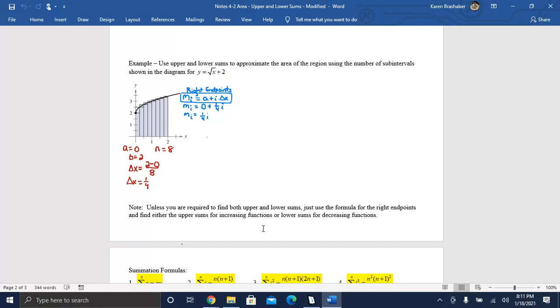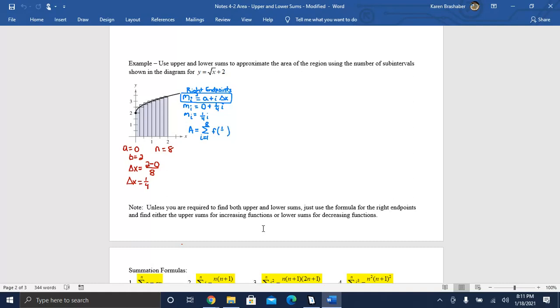But once you know this value, then you're going to do a summation. So the area is equal to the sum from i equals 1 to your number of rectangles. That would be 8. And then it's f of what we got for the m_i.